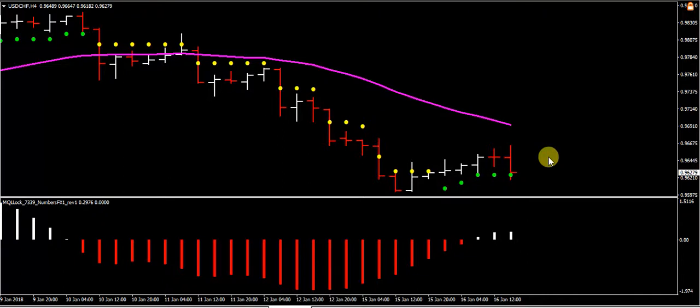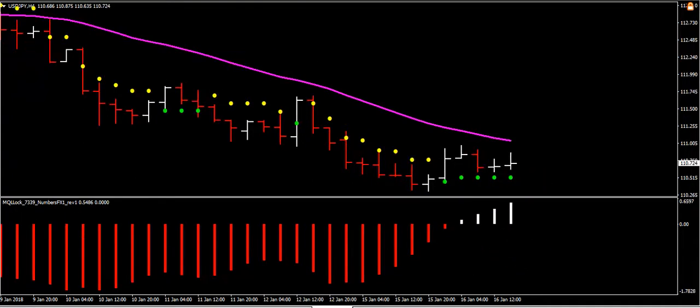USD Swiss franc. Again, you see the volume is not really going anywhere at this moment. There's definitely a downtrend. It's struggling to get up there even to the moving average. So again, we're looking for that red bar, yellow dot. And USD Japanese yen.